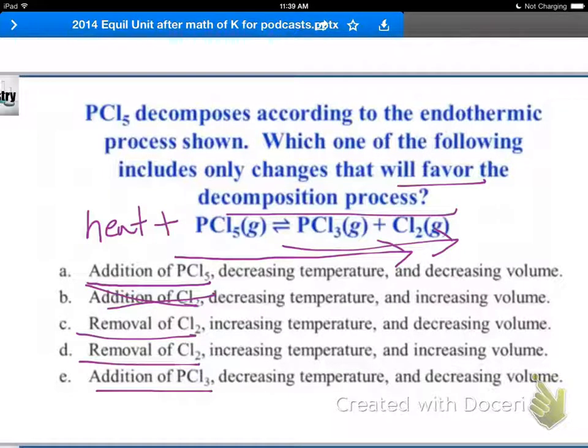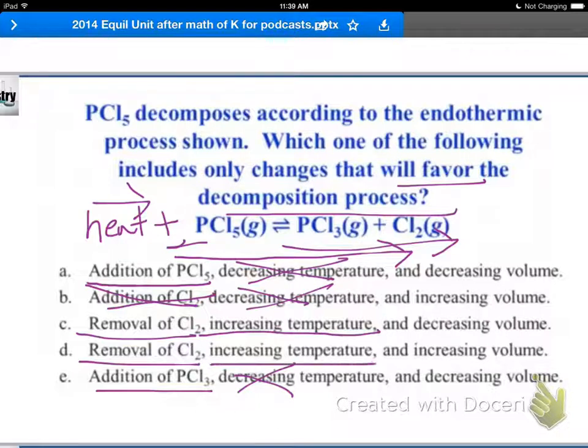Look at what's going to happen with temperature. So if heat is over here, and I decrease the amount of heat, it is going to shift left, right? So decreasing heat won't work. But if I increase heat, it's going to shift away from the heat, shift right. So increasing temperature shifts me right. And lastly, what's going to happen with volume? If I decrease volume, I increase pressure.